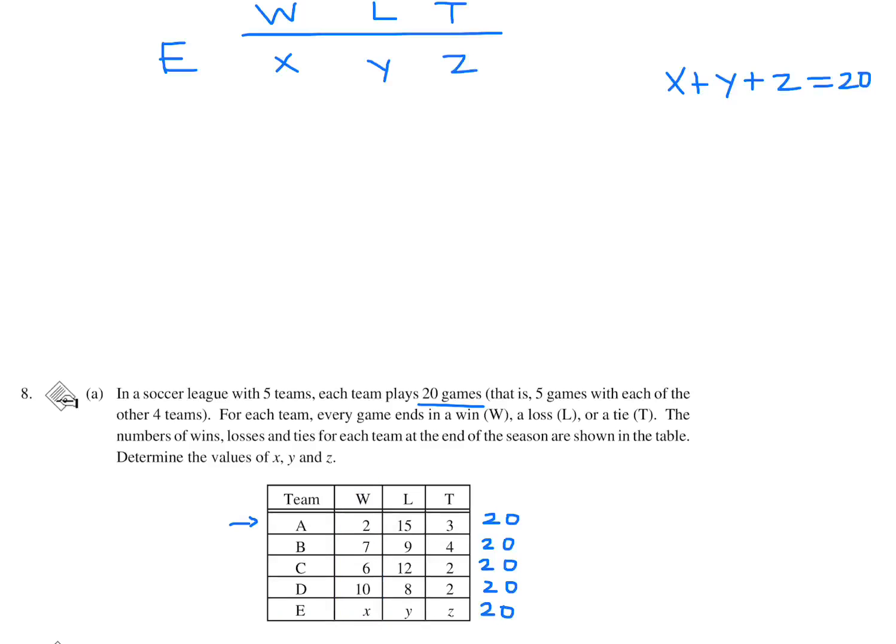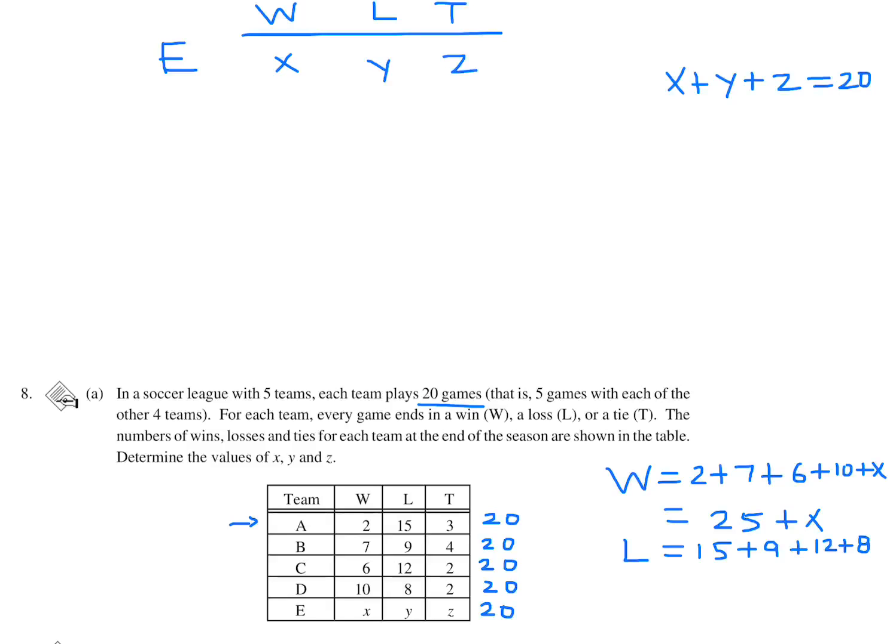Let's add up all the wins. 2 plus 7 plus 6 plus 10 plus x, and that is 25 plus x. Correct? And similarly, I want to add up all the losses. So that will be 15 plus 9 plus 12 plus 8 plus y. And the number of losses in total is 44 plus y.